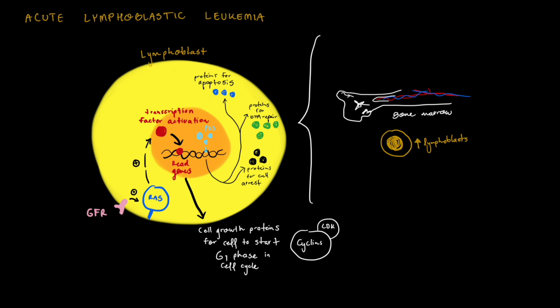This is why we have accelerated growth of the immature form of the lymphocyte, the lymphoblast.